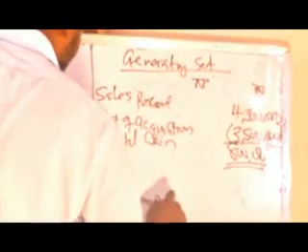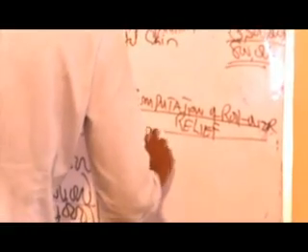So let's go to B. B now says we should compute for the rollover. B, computation of rollover relief. Let's start with the building.